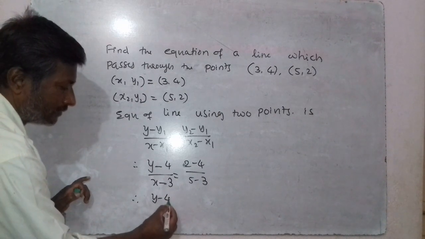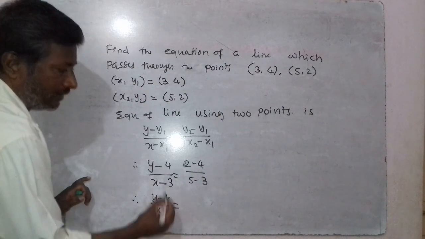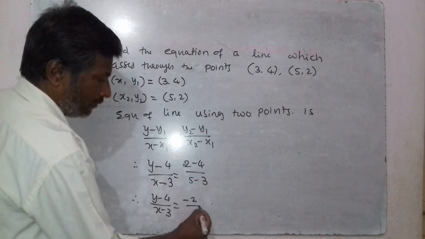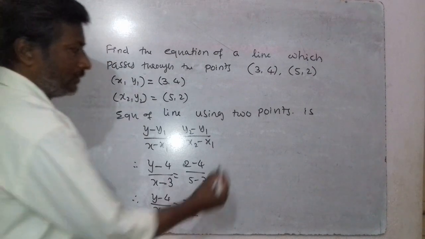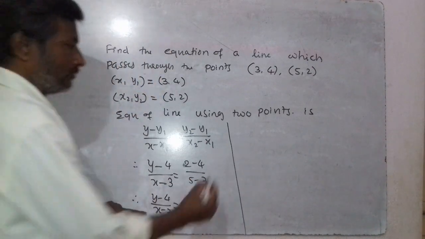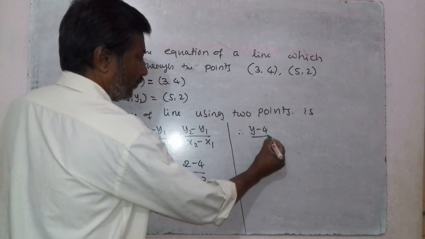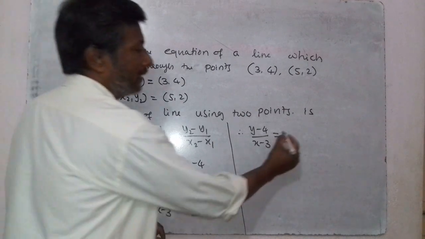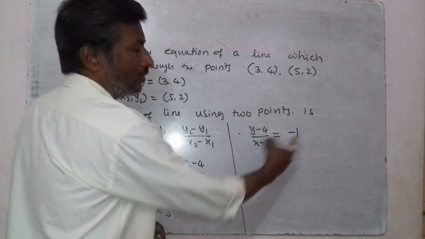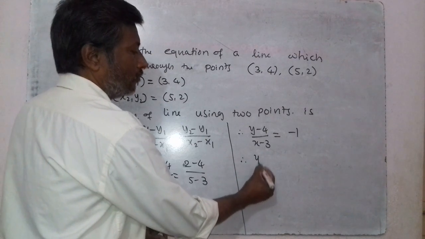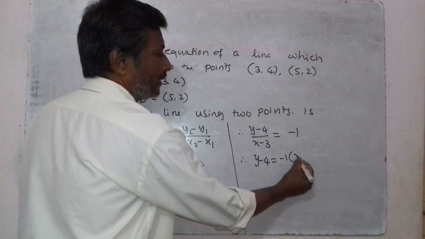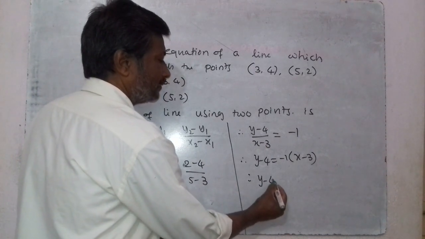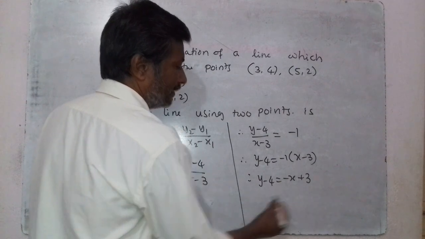This becomes minus 2 divided by 2, which is minus 1. Cross multiplying, y minus 4 equals minus 1 into (x minus 3).